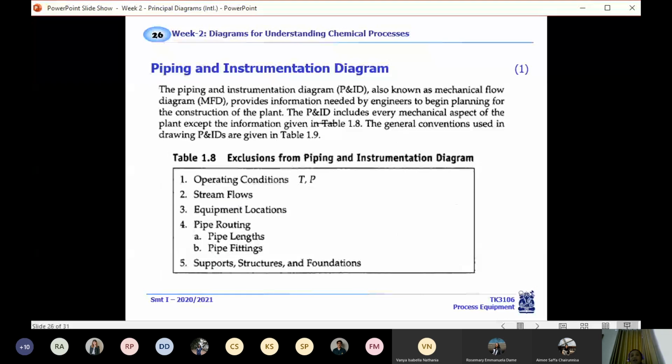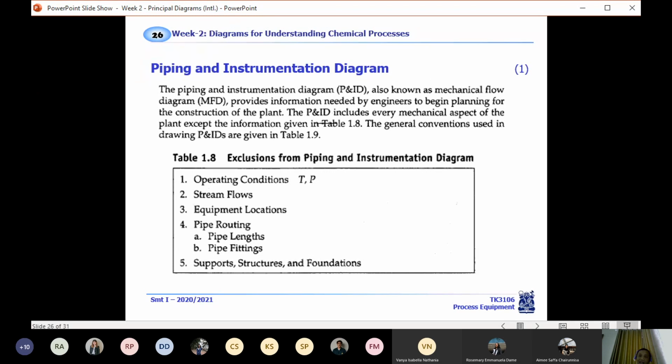Now I will move to the last principal diagram of chemical engineering, which is the PID, or piping and instrumentation diagram. Different from the process flow diagram, the PID is sometimes called a mechanical flow diagram. Why a mechanical flow diagram?